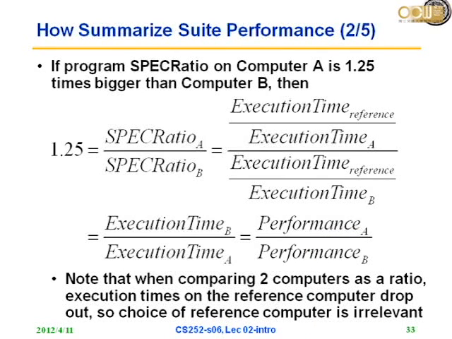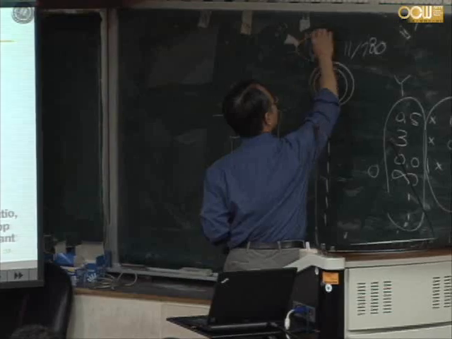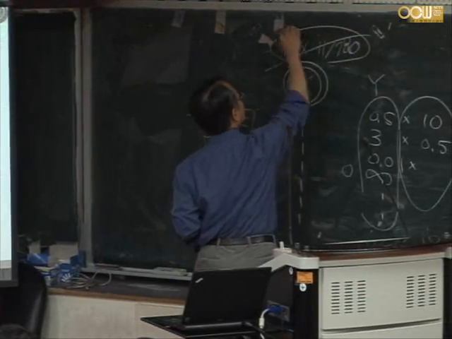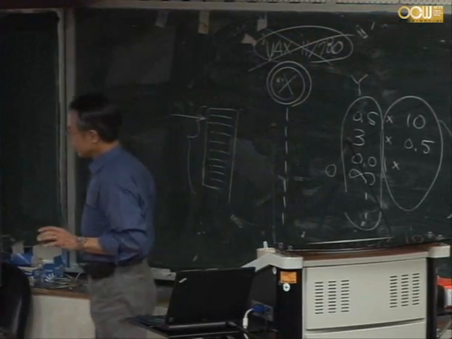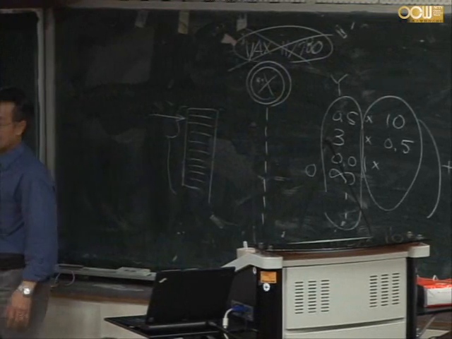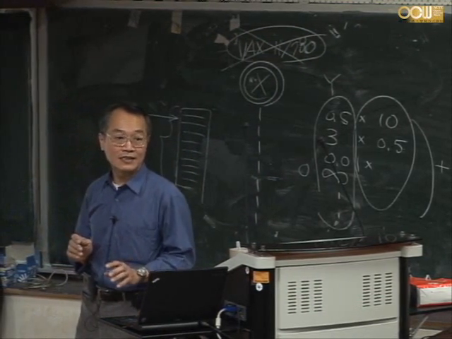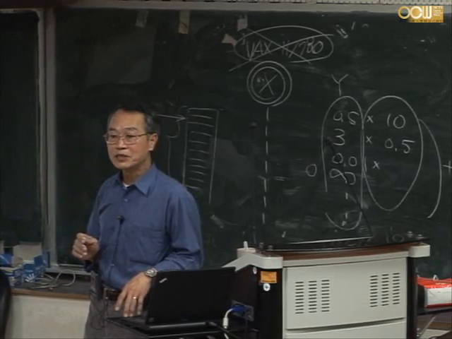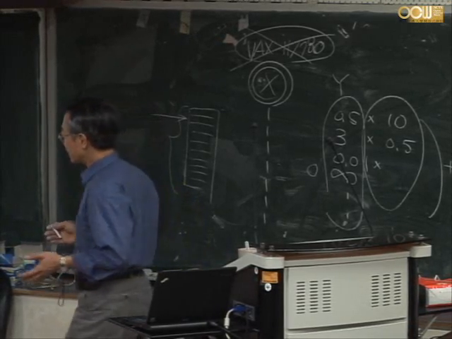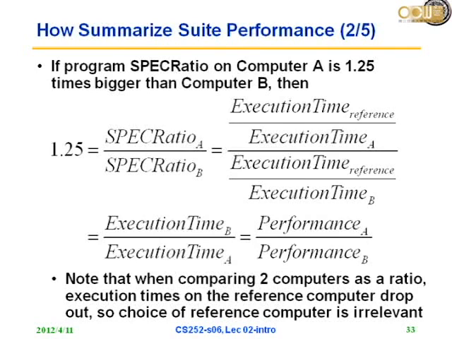So finally we found out which reference we pick does not matter at all. That's why we think this summarizing method is fair. Whichever reference machine you pick, the result remains the same. So note that when comparing two computers as a ratio, execution times on the reference computer drop out, so the choice of reference computer is irrelevant.